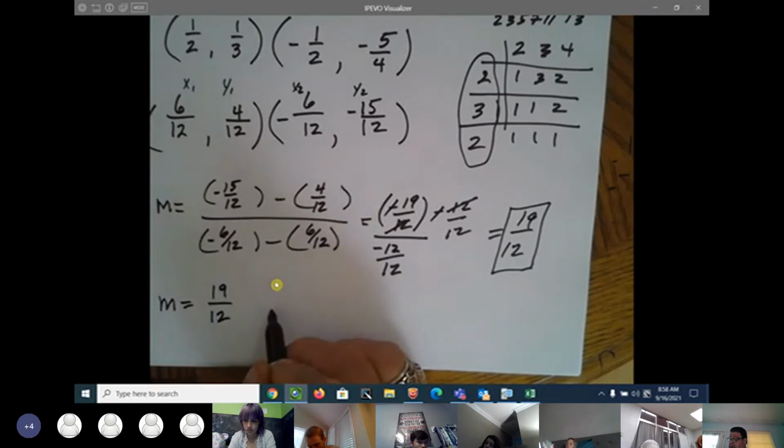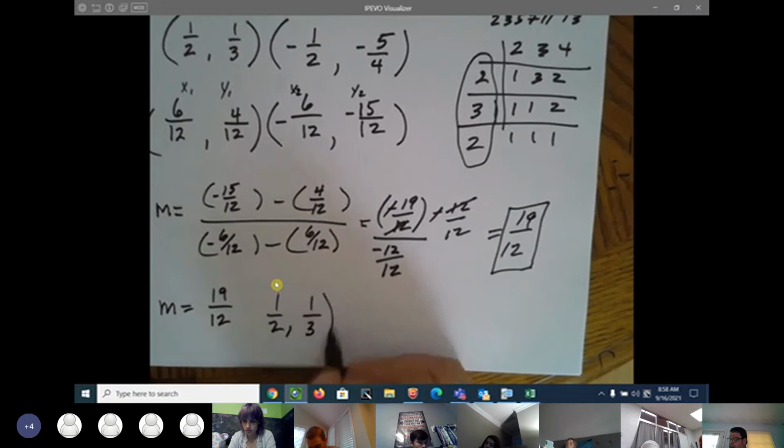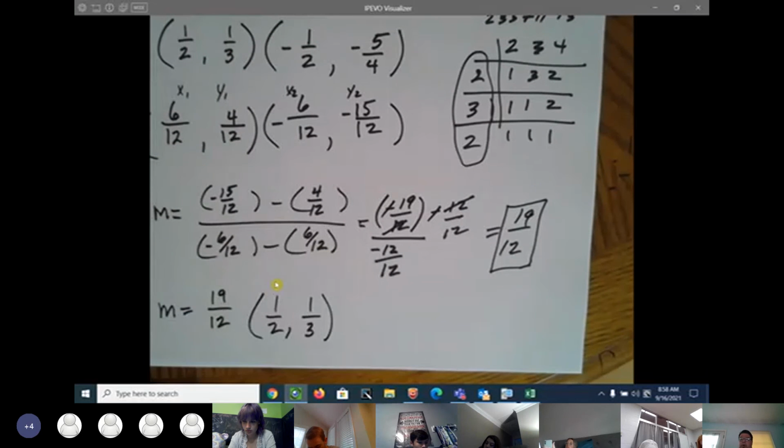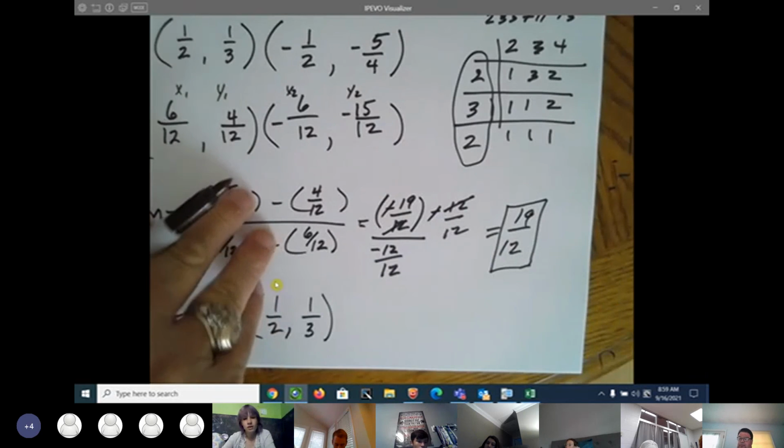And I'm going to pick 1/2 and 1/3, which is 6 twelfths and 4 twelfths. So I go to the next page.